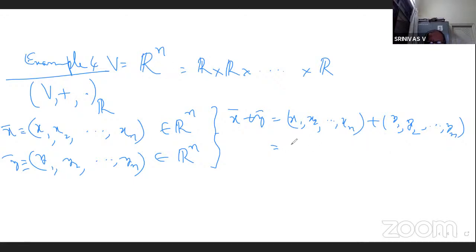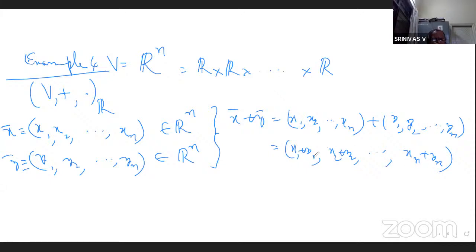So what I do is I add the corresponding elements. I add the first coordinates x1 and y1 and write the sum as the first coordinate. I add the second coordinates x2 and y2 and write it as the second coordinate, and so on. I add the nth coordinates and write the sum as the nth coordinate.